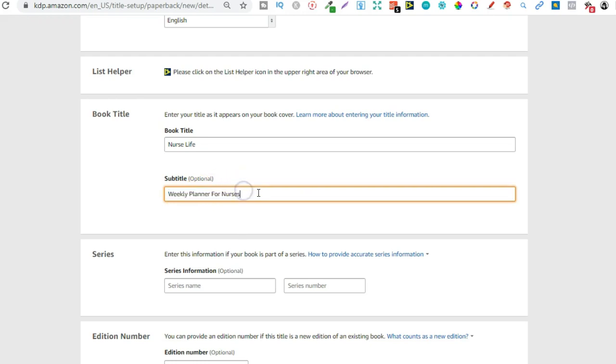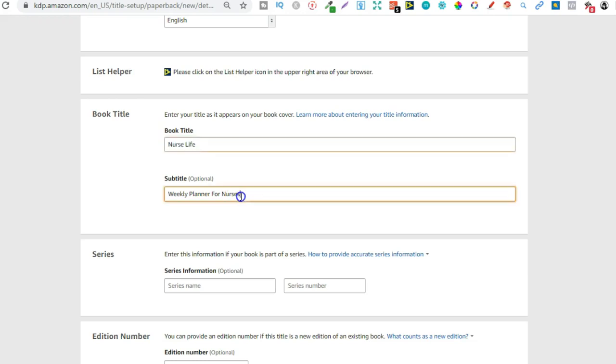Now you could put another one in here. If you don't have a quote, you can have a search term in the title or the subtitle or a bit of both. You just always want to remember that when you're crafting your subtitles, you want to create them around search terms, keywords that people are actually searching for, and also describe what the book is and who it's for.